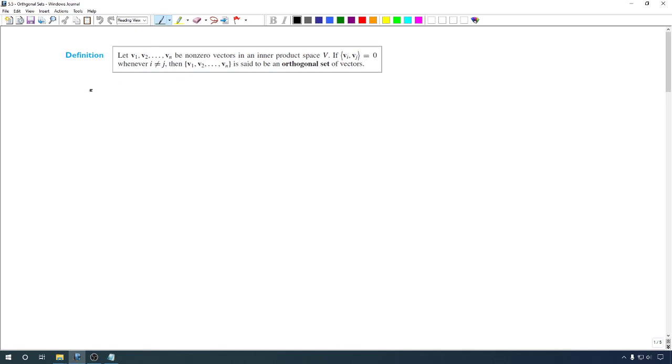So, as an example, let's look at the vector space C from minus pi to pi that we talked about in the examples videos of the last section. Remember here we have an inner product. The inner product of two functions had this factor of 1 over pi just to make things turn out to be unit, and it was the integral from negative pi to pi of the product of the two functions.